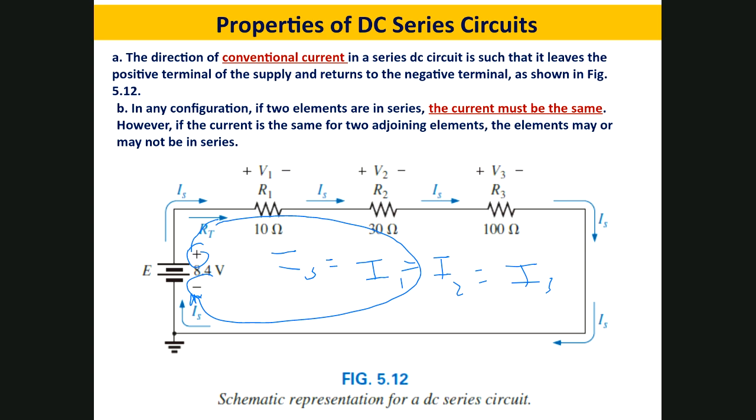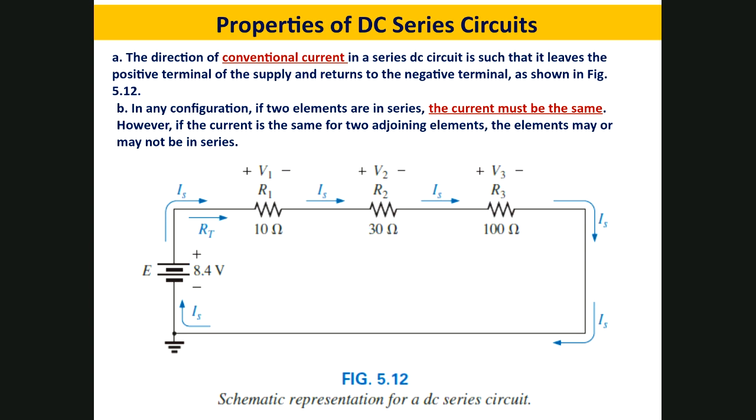The second property of the series circuit is the voltage drop. The voltage drop depends on the value of the resistor here. A larger value has a higher voltage drop.